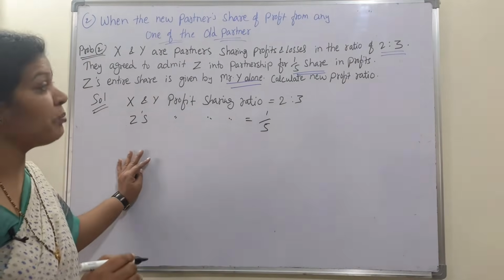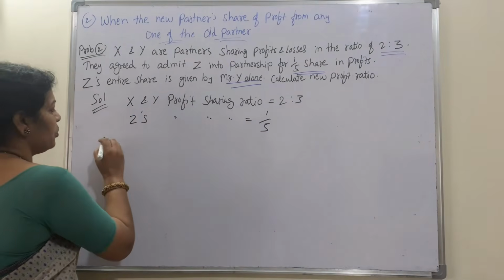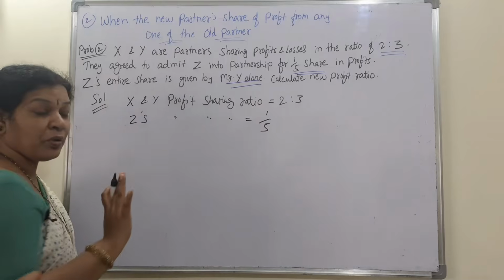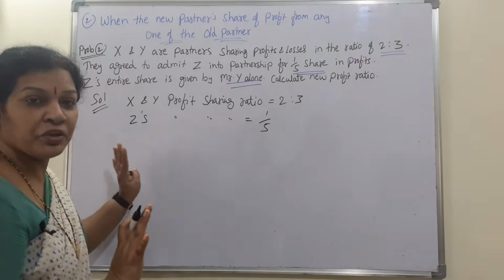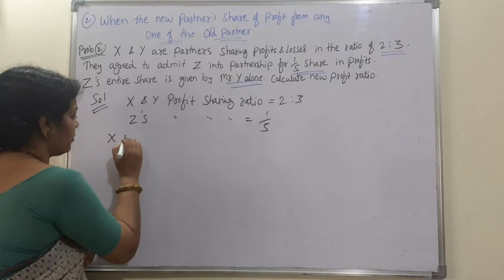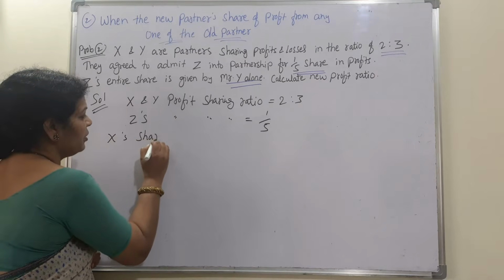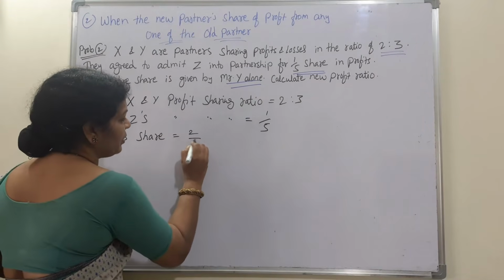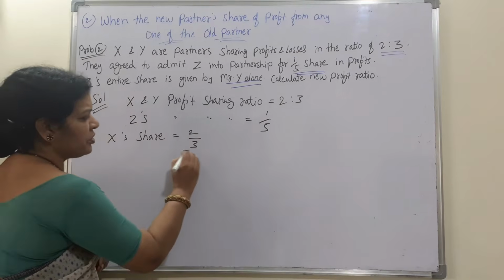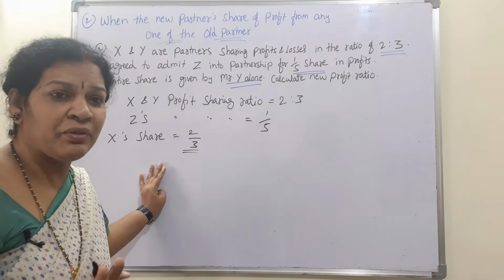This is going to be borne by only Y. So now what makes the difference? X's share will be as it is. X's share is 2/5. No change, as it is, because he is not giving anything.